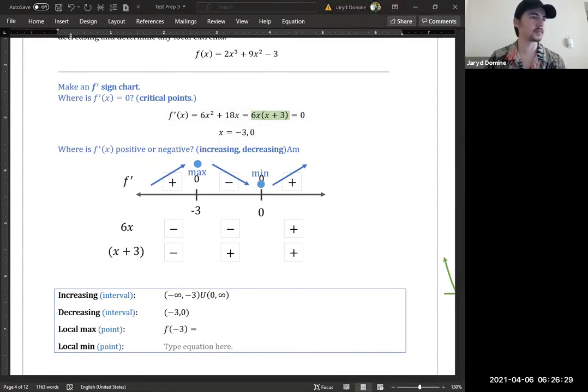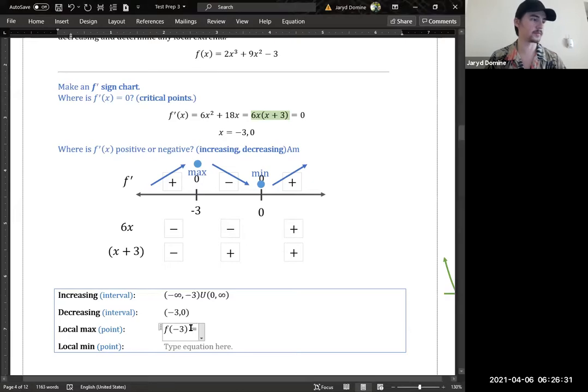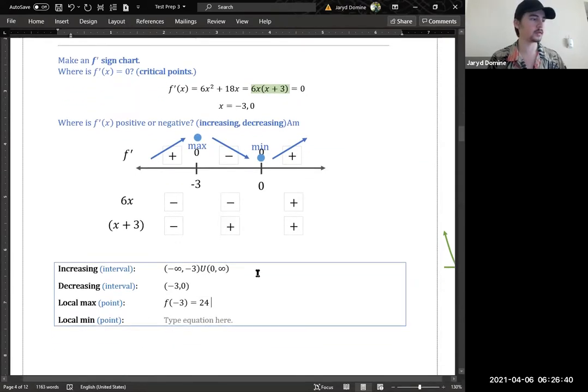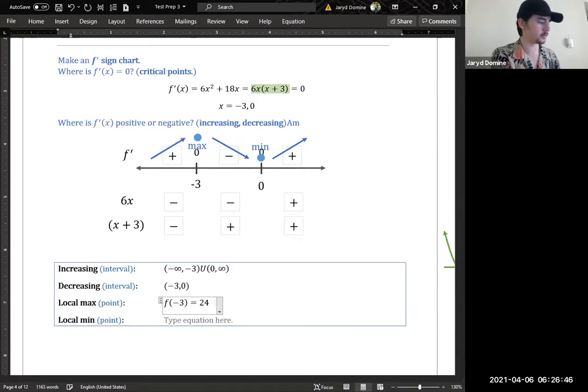I plug back into the original function up here, and I get 24. For local maxima and minima, you want to write this as a point, so it needs an x and a y value. You can write it like I just did, or as the point (-3, 24).